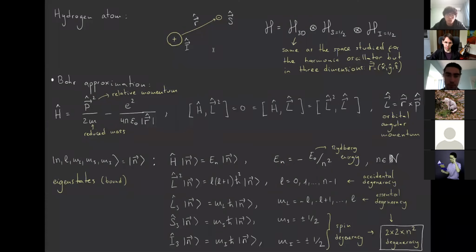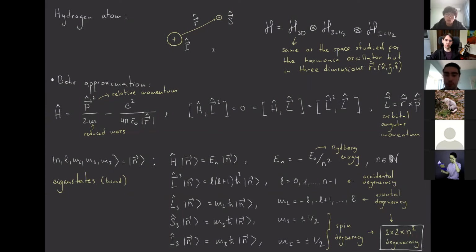I hope you have seen these kinds of things. And of course, we have the spin degeneracy because the Hamiltonian is independent of the spin. So overall, we have a degeneracy of 2 times n squared for the orbital part times 2 for the spin, so 2 n squared. Each energy has a degeneracy that can be quite massive for large n.